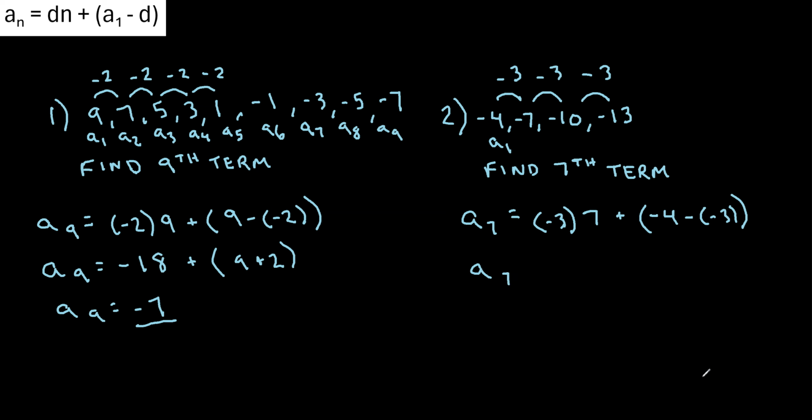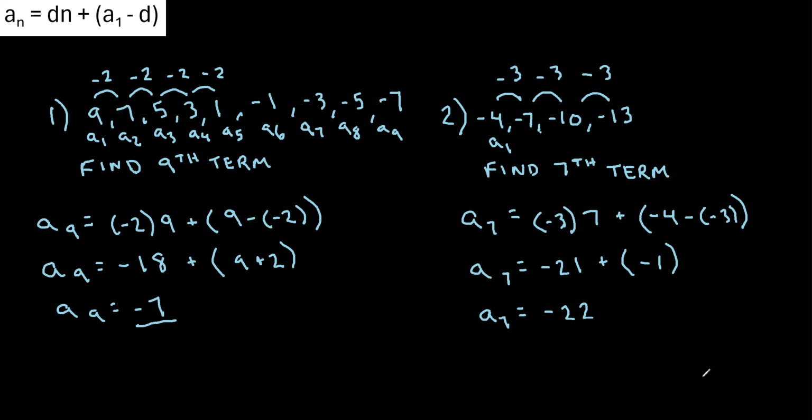A sub 7 is equal to negative 3 times 7, that's negative 21, plus negative 4 minus negative 3. That's the same as negative 4 plus 3, so that's negative 1. So a sub 7 is equal to negative 21 plus negative 1, that's negative 22.